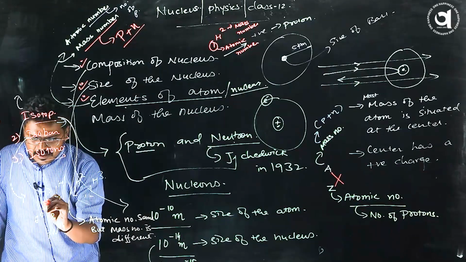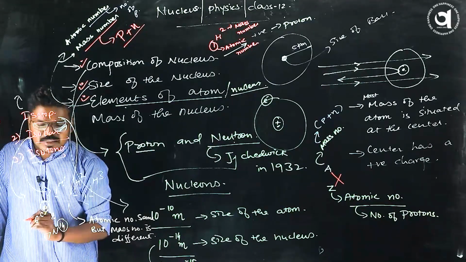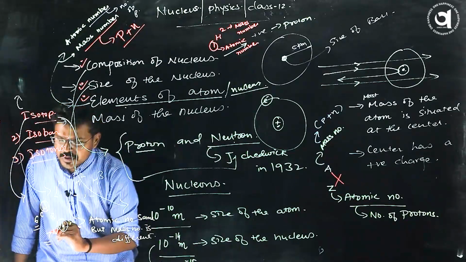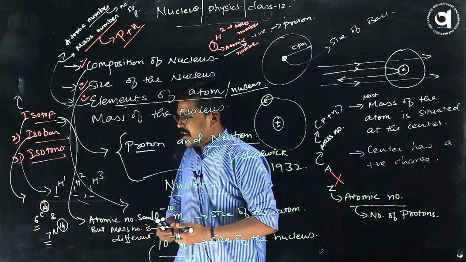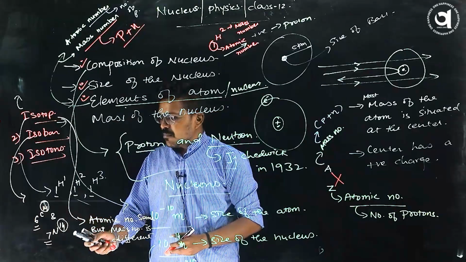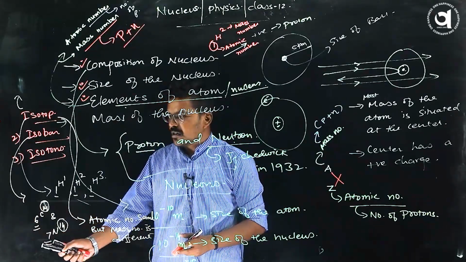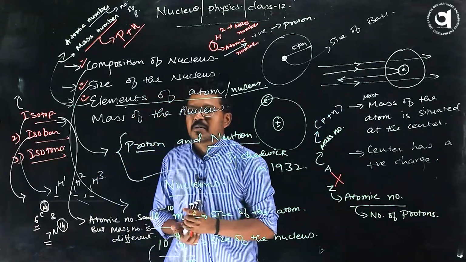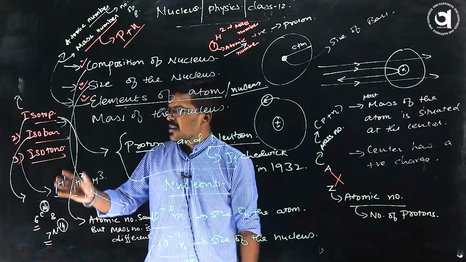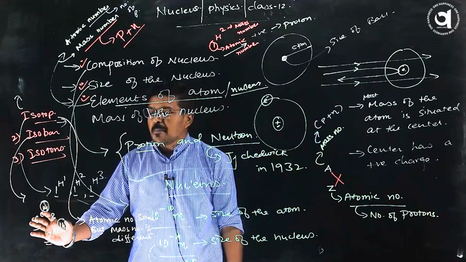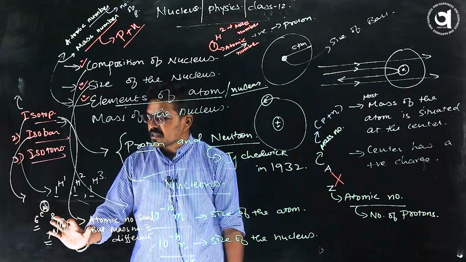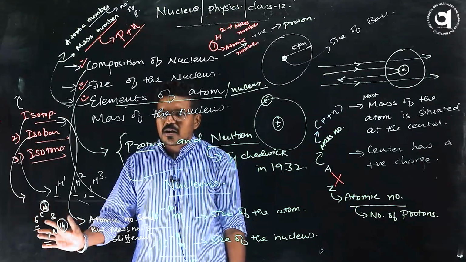You can see here the mass number is the same but the atomic number is different. So these are called isobars. What is the meaning of isobar? Isobars have the same mass number but different atomic number.